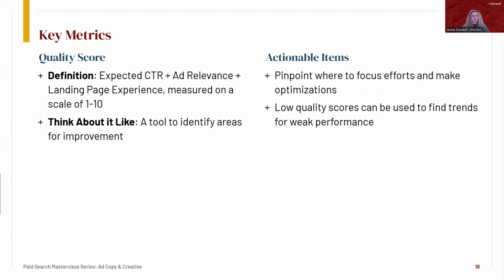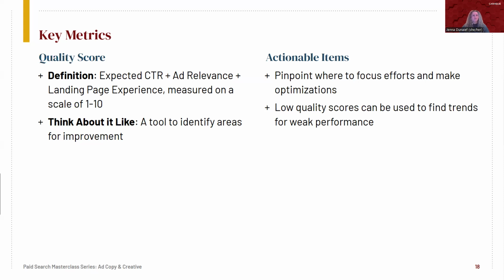Next, we have quality score, which is measured on a scale of 1 to 10 at the keyword level and calculated based on a few things: expected click-through rate, plus how relevant your ad is to a user's search query, plus the landing page experience for users. Quality score is based on a comparison with other advertisers whose ads have shown for the exact same keyword over the last 90 days.